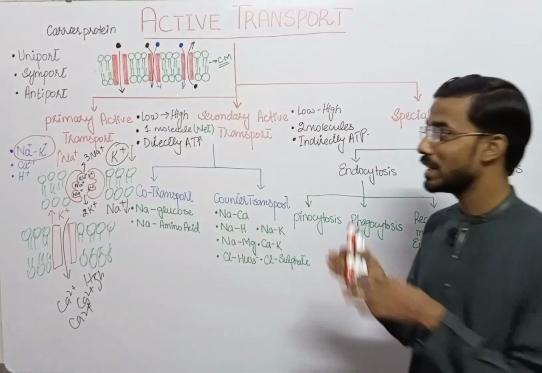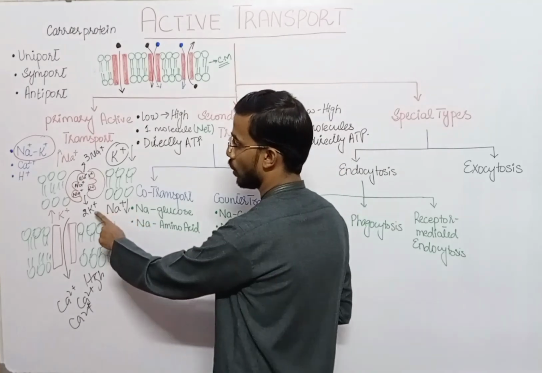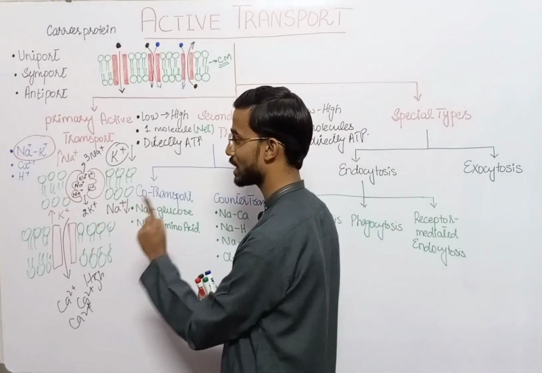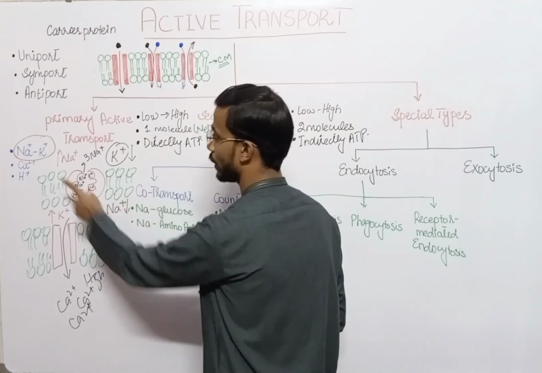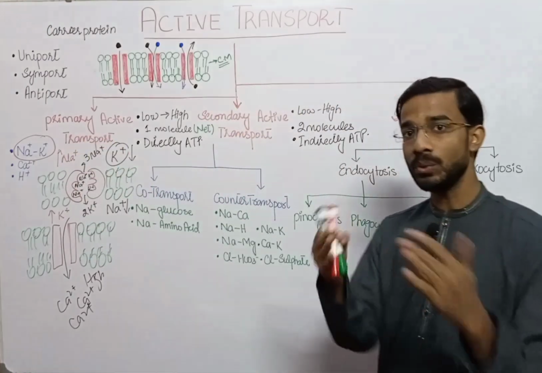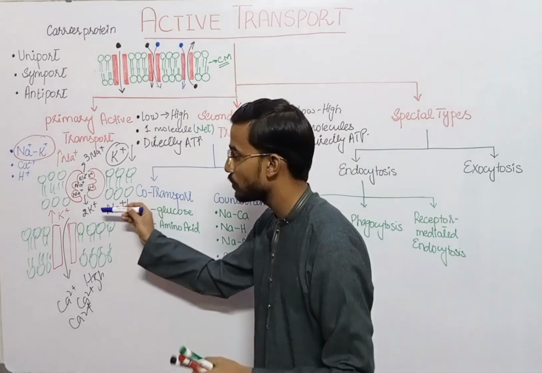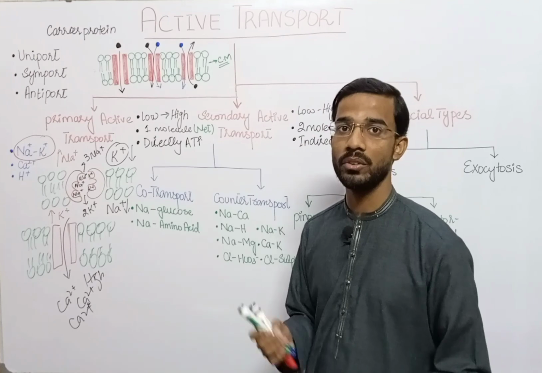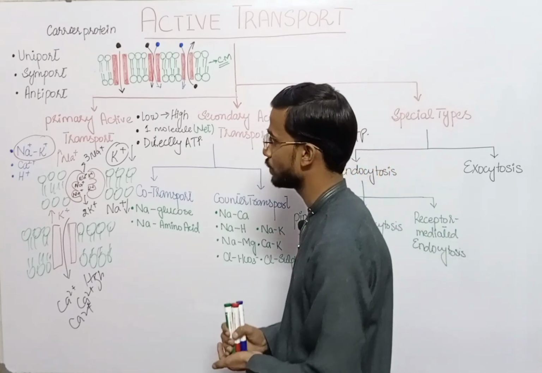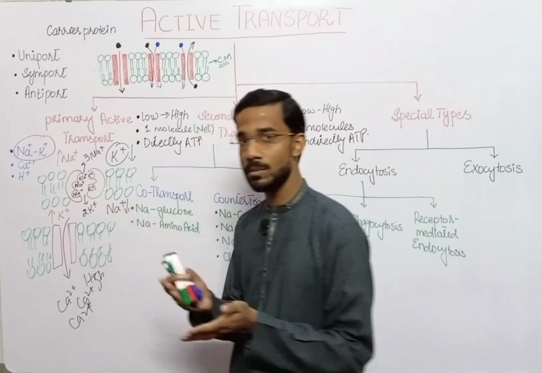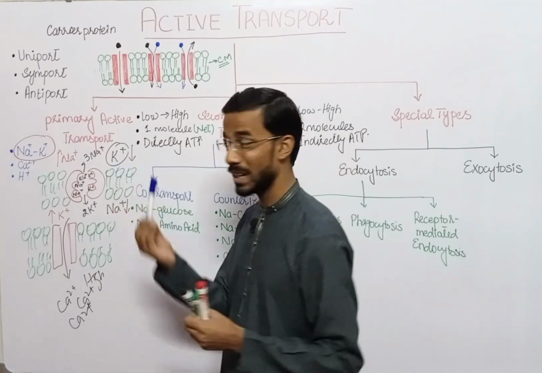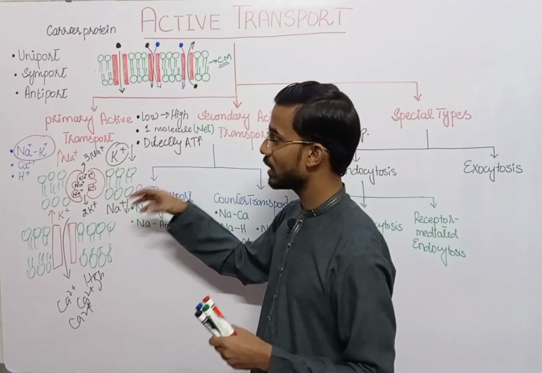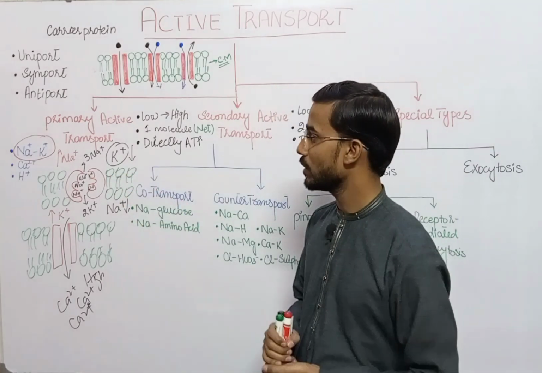If we see, the net exchange will be 1: 2 potassium and 2 sodium cancel each other. So the net exchange will be from inside to the outside, and due to this, the inside of the cell becomes less positive, or you can say negative. So on the basis of this net 1 ion transport, we categorize it as primary active transport.